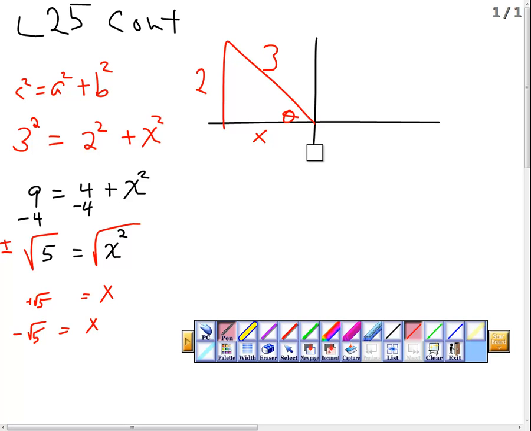Well, we're in the second quadrant, right? What value is x in the second quadrant? It's negative, right? So we're going to use a negative square root 5.